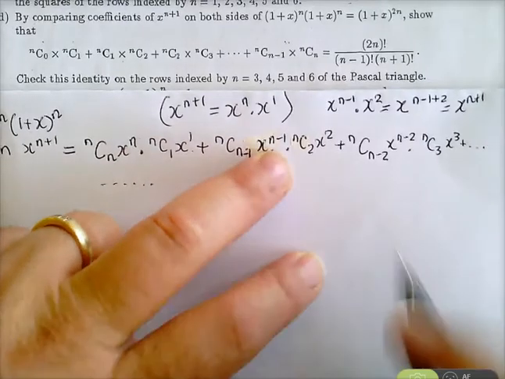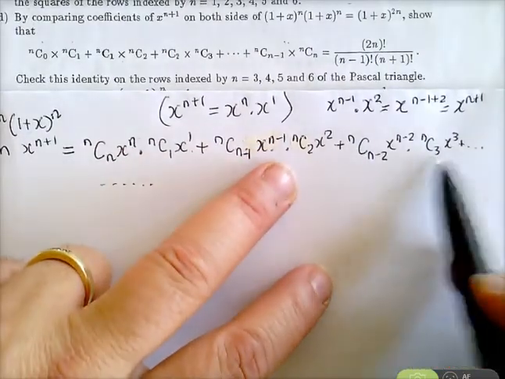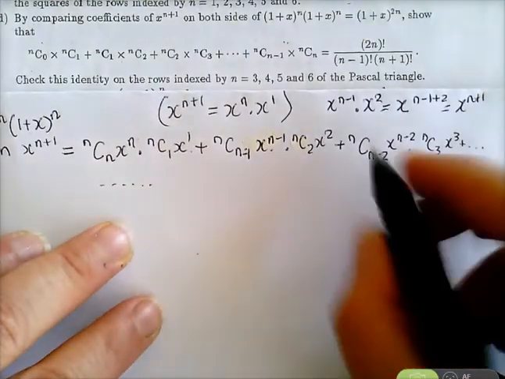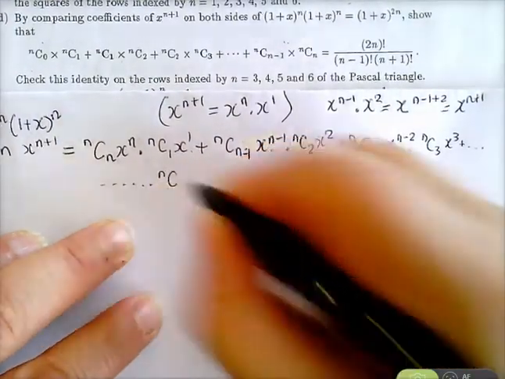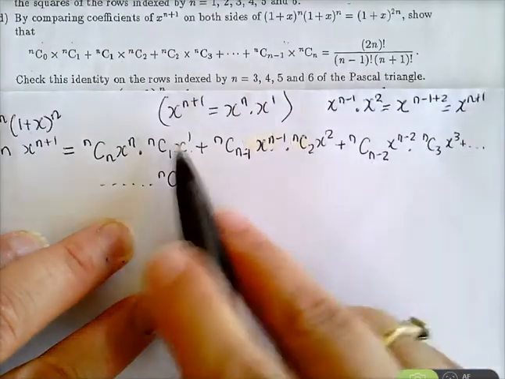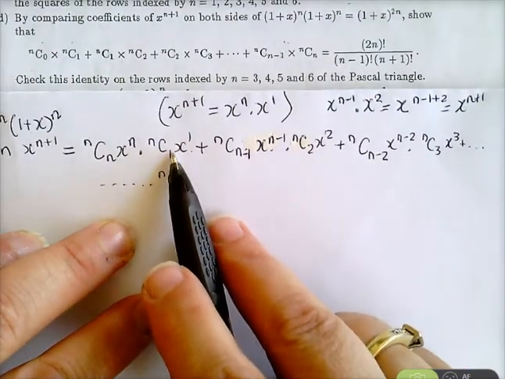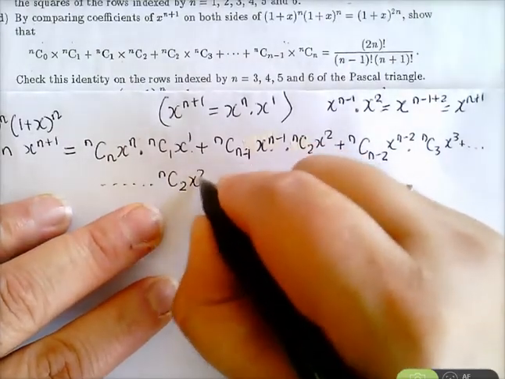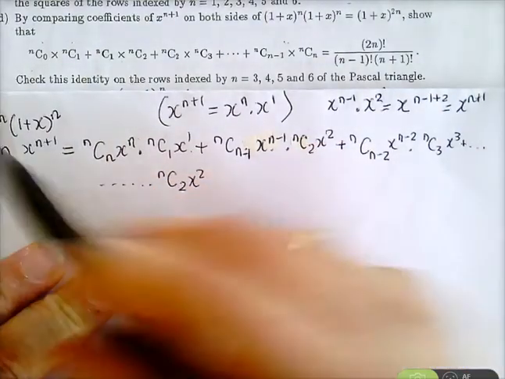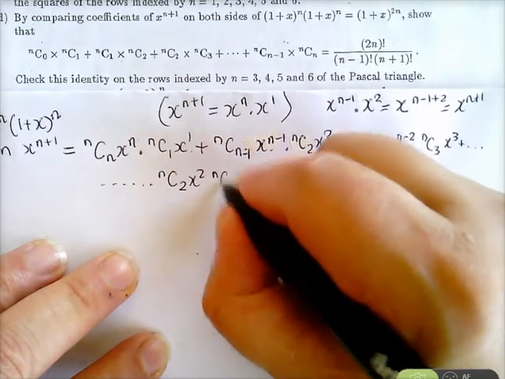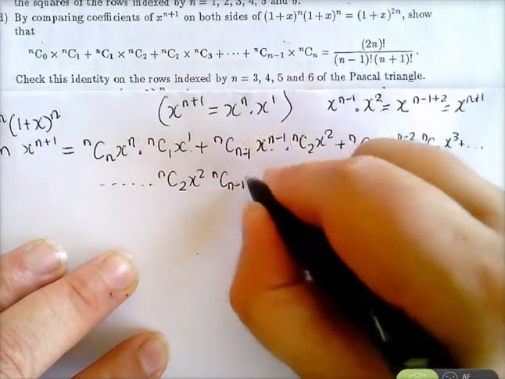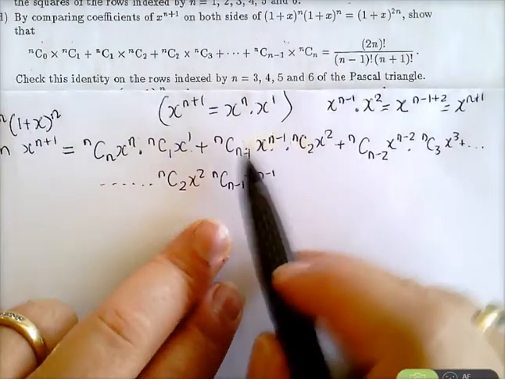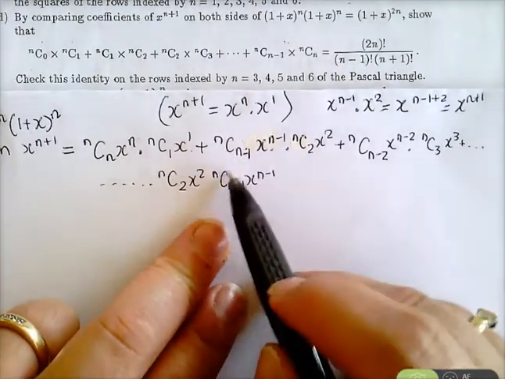Got the idea? Drop one term here, increase one term in the x's. Now it will go all the way until the second last, which will be nC2 x squared in the first expansion, but nC(n minus 1) x to the n minus 1, that's the second last, just swapped.